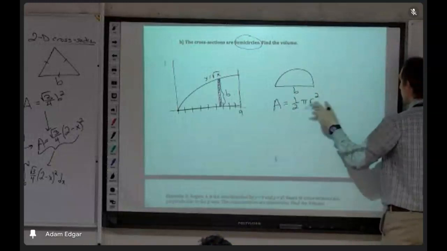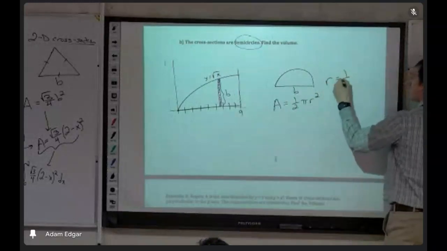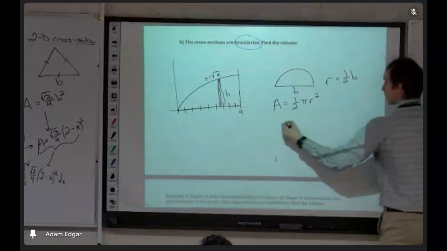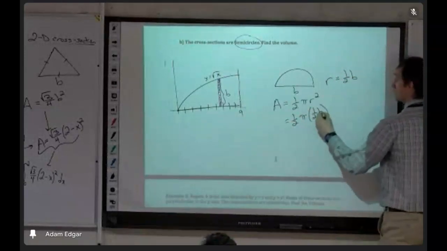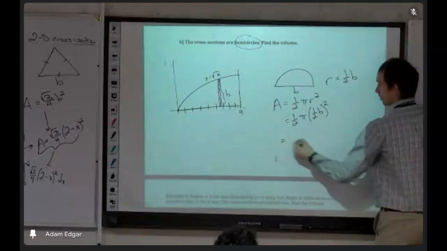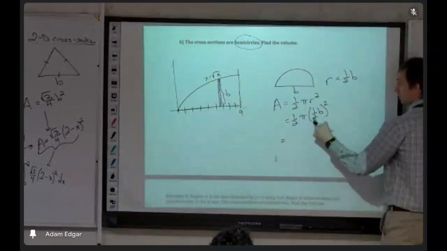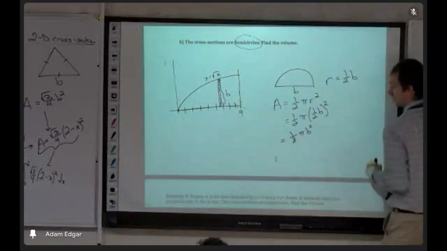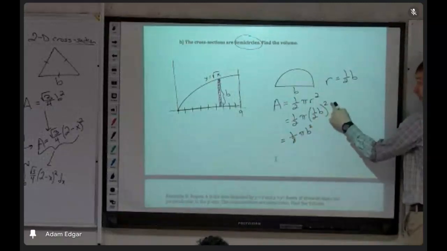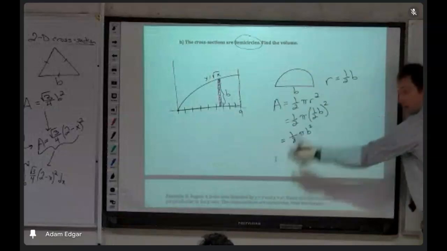But no, the radius is half of that base. So we're going to have 1/2 pi times a half b squared. So now it's going to be 1/8 pi b squared, because 1/2 gets squared, and then that's multiplied by a half.